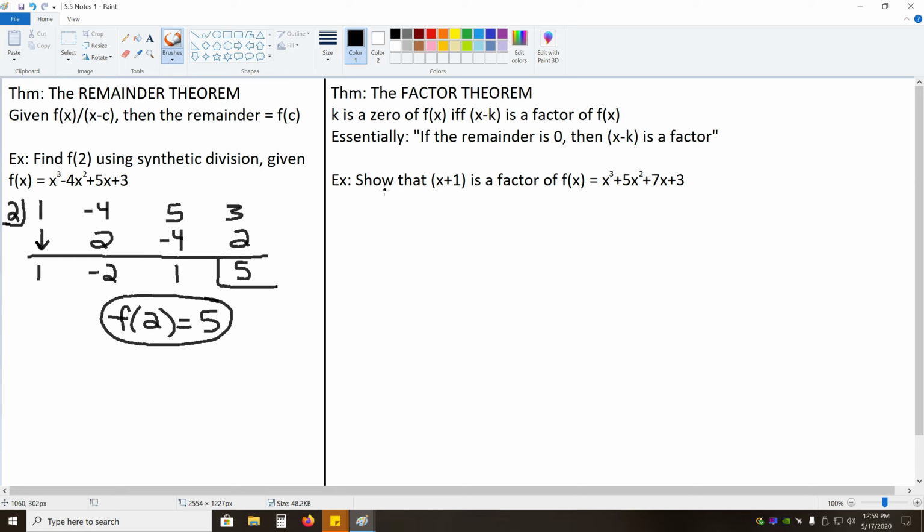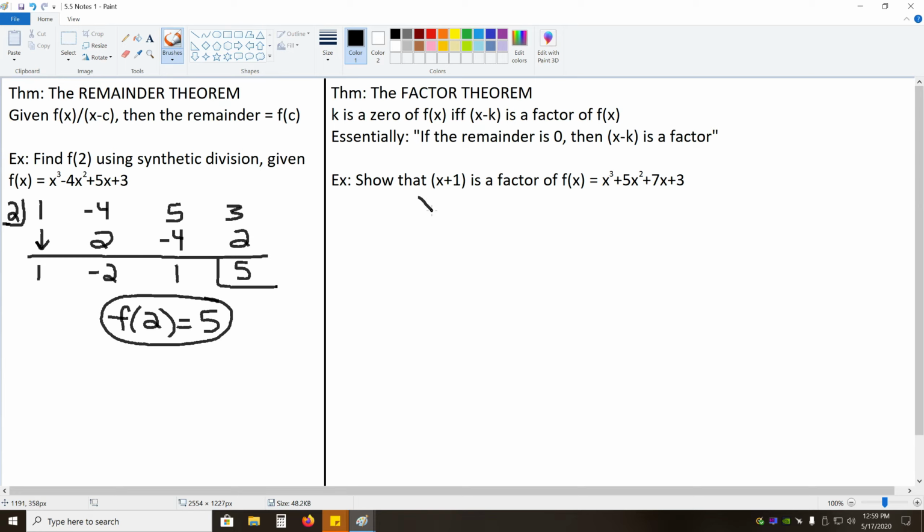So we want to show that x plus 1 is a factor of f of x equals x cubed plus 5x squared plus 7x plus 3. And how could we do this? Well, we can go ahead and use the remainder theorem, which also implies the factor theorem.